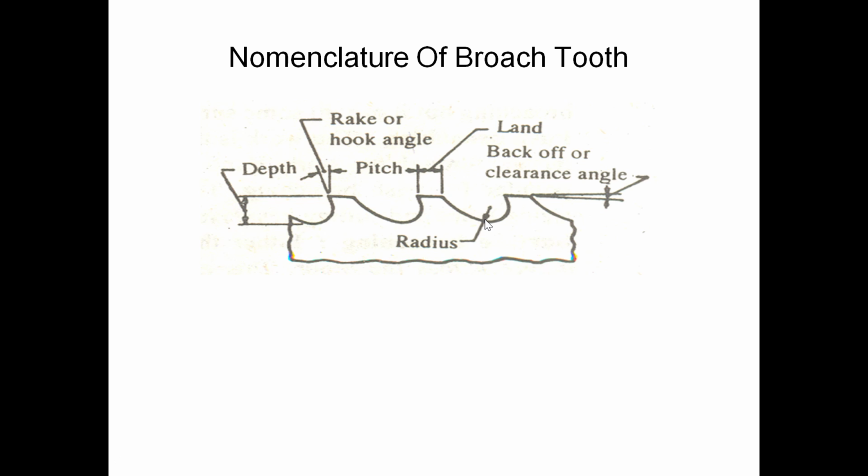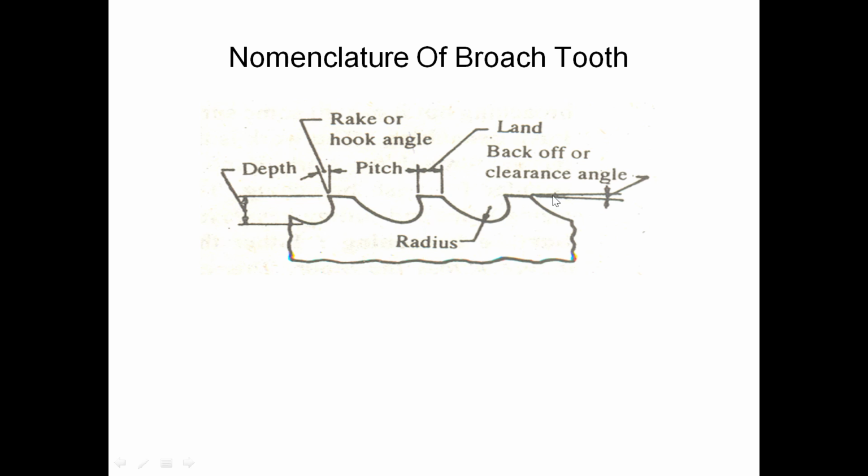So it is a root radius or bottom radius. We call it as root. It is the bottom surface of the teeth, we call it a root. So this is the root radius or radius.